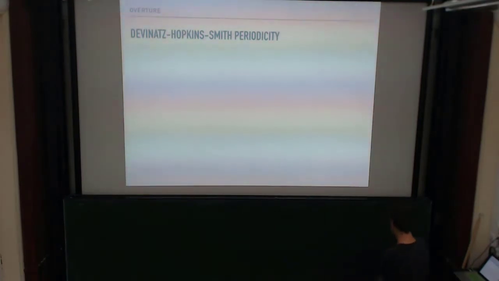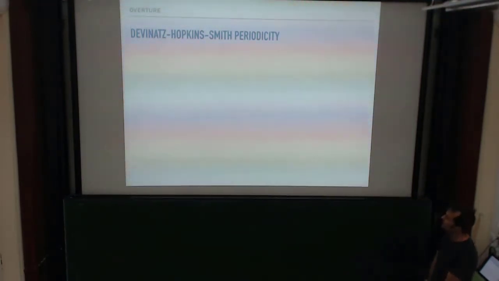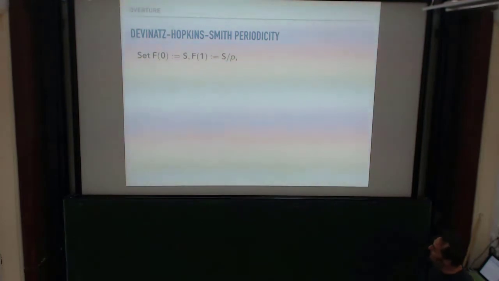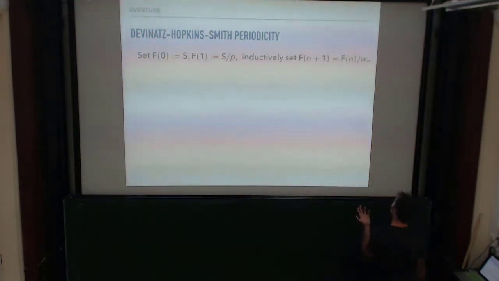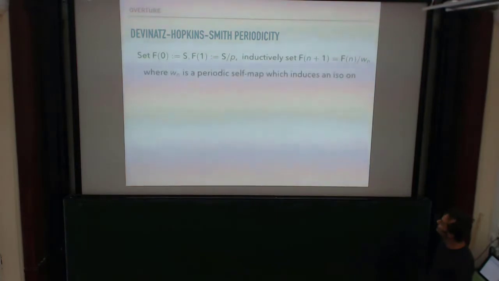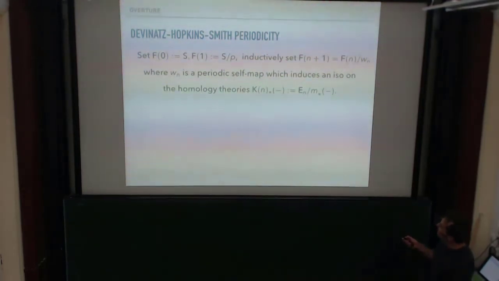So Devinatz, Hopkins, and Smith have a beautiful result about ways to detect these periodic phenomena. If I set F0 to be the sphere, F1 to be this cofiber, then you can probably guess from the notation, I can inductively define F(n+1) by taking Fn and quotienting by a self-map vn. And what's amazing is that we can get these self-maps so that they induce an isomorphism in some other generalized homology theories.